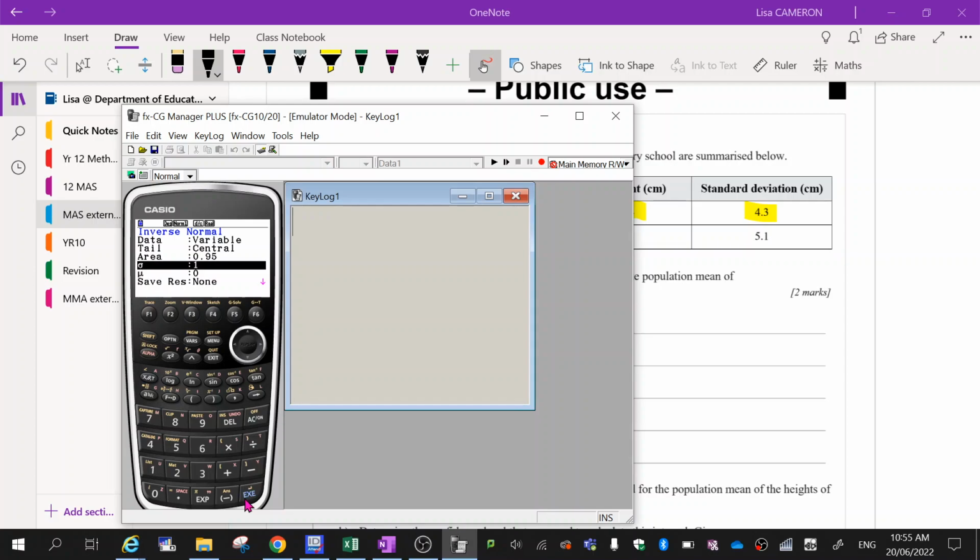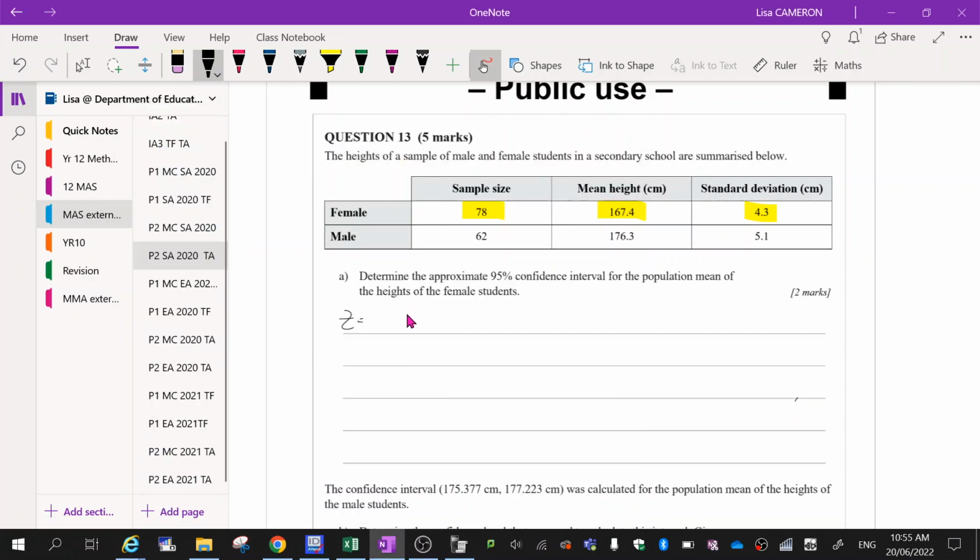And we leave our standard deviation as 1 and our mean as 0. Okay, so our z-score is 1.95 and we'll round that to 1.96. So our z-score equals 1.96.